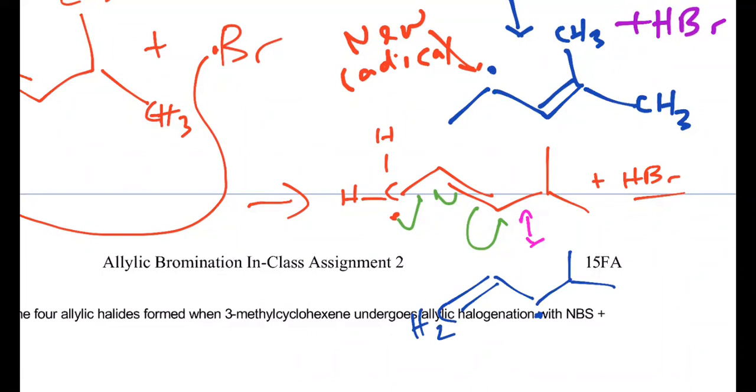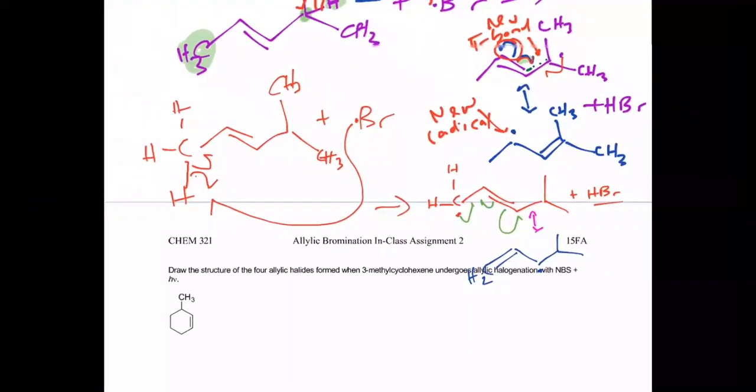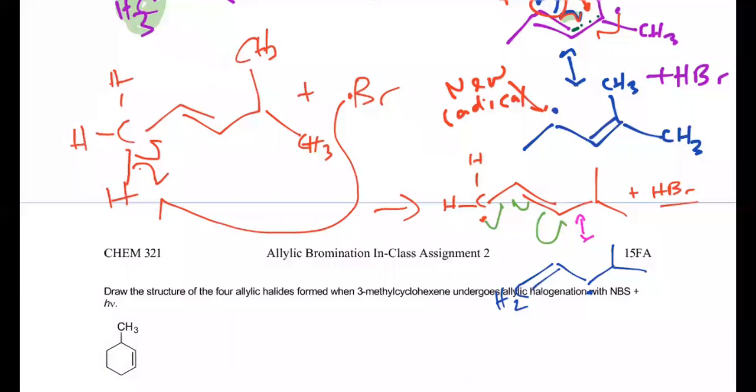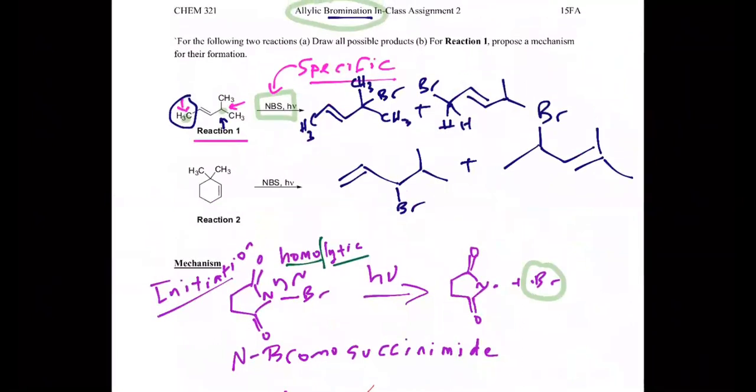So how many radicals did I make in propagation, total? I made 4, didn't I? I made this one, and then the resonance form of that, and then I made this one and the resonance form of that. Are you following that? So I made a total of 4 radicals. So when you look at the products, can you see now where those other products came from?